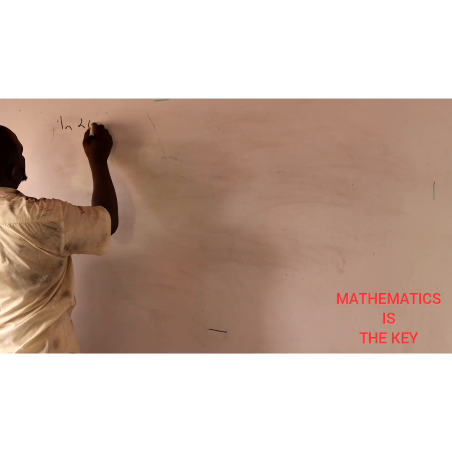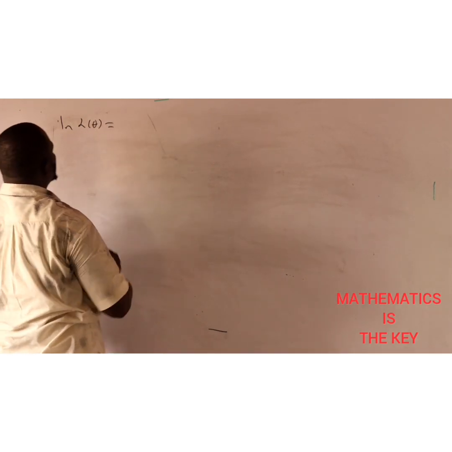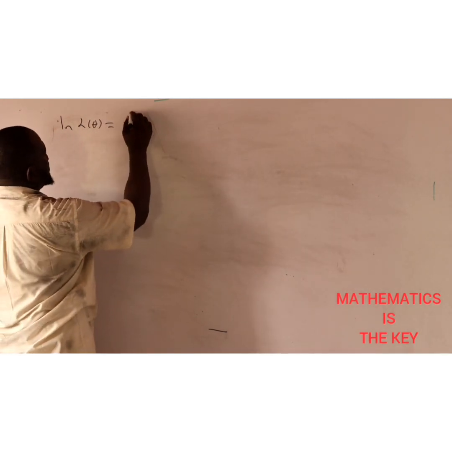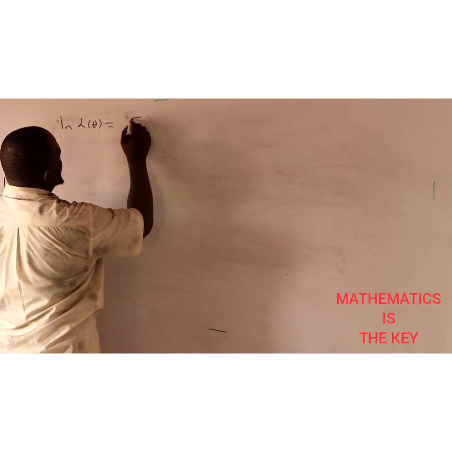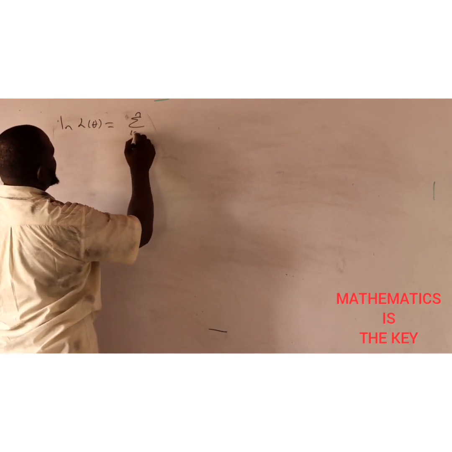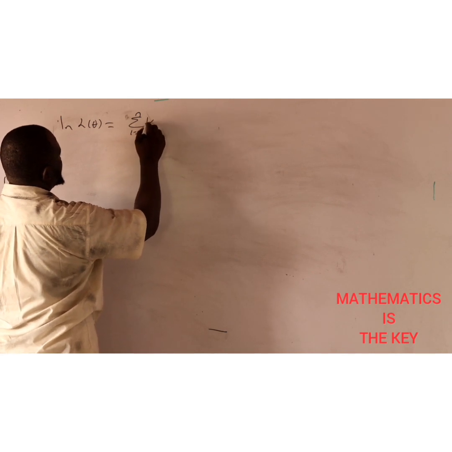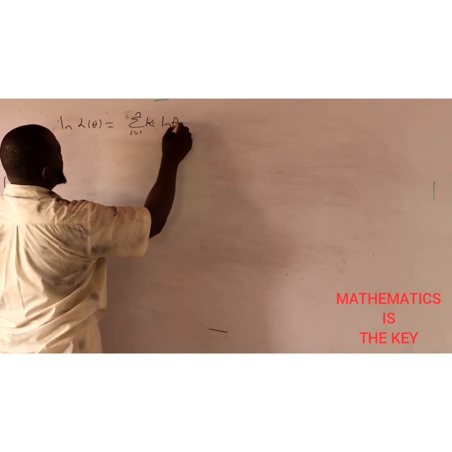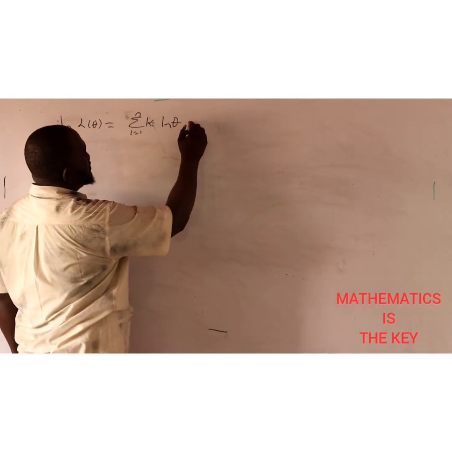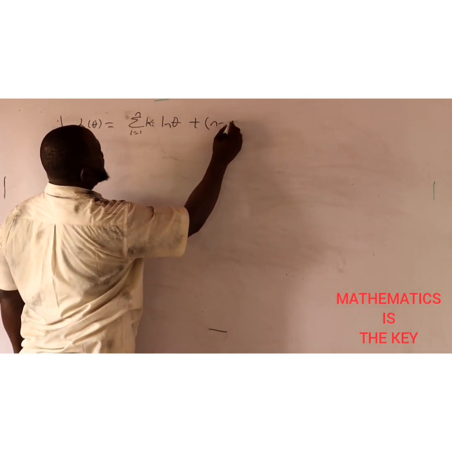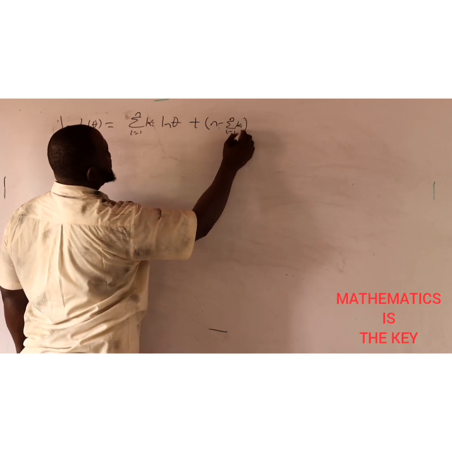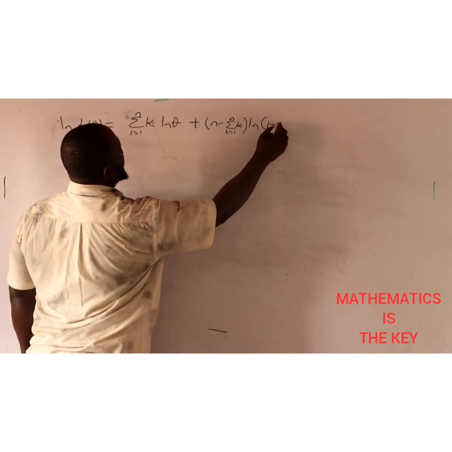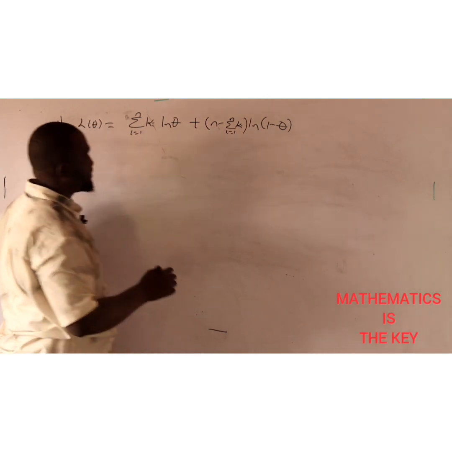So our function is ln of the likelihood of theta, which is summation from i equals 1 to n of ki ln of theta plus n minus summation from i equals 1 to n of ki ln of 1 minus theta.